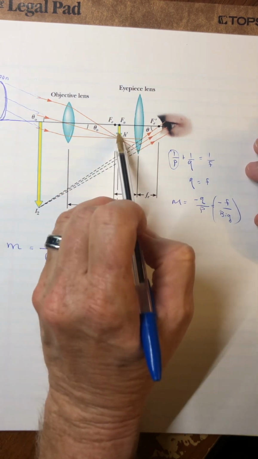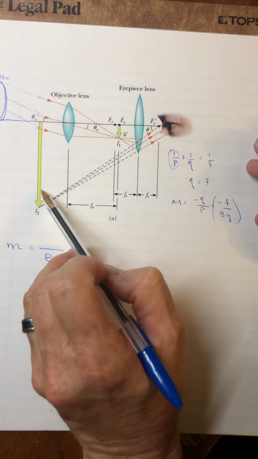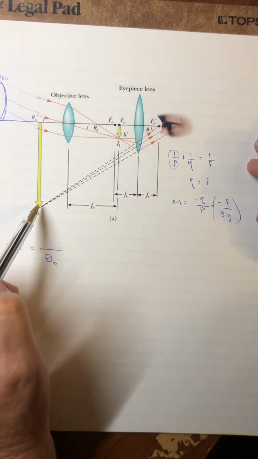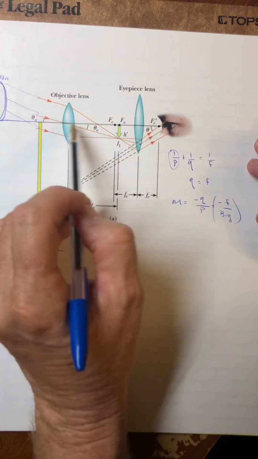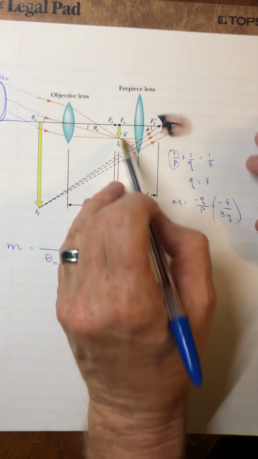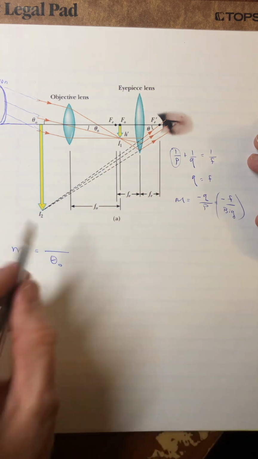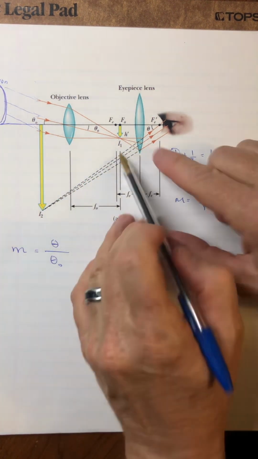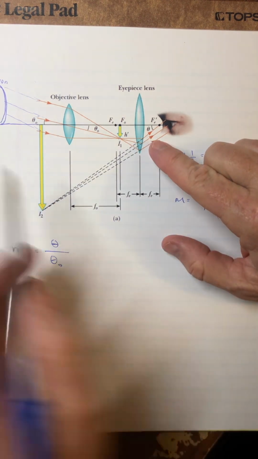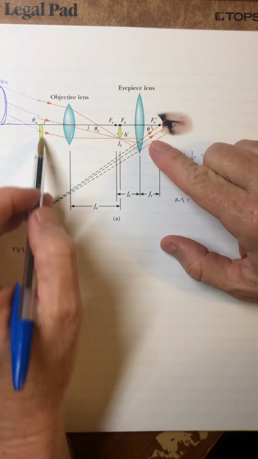And then the eyepiece made another image. Remember, the second image is from this eyepiece, which takes the image of the first one as its object. And so the light comes in and is redirected, and we'd call that theta. So the second one actually makes it go out a little bit further, actually quite a bit further.